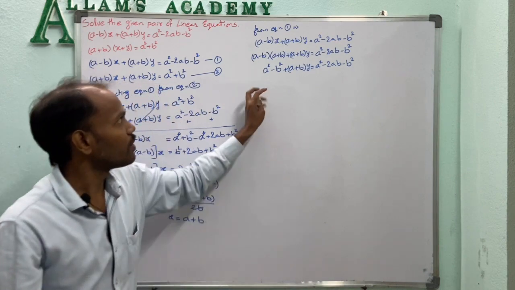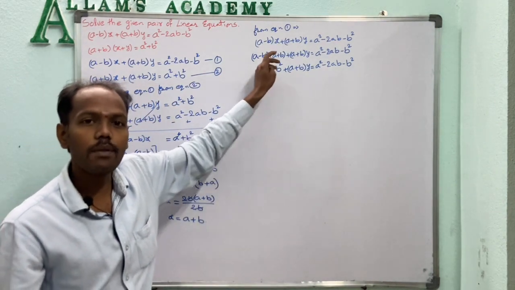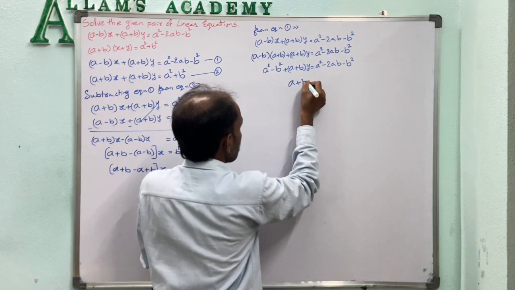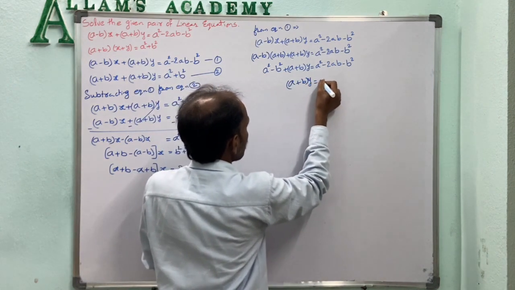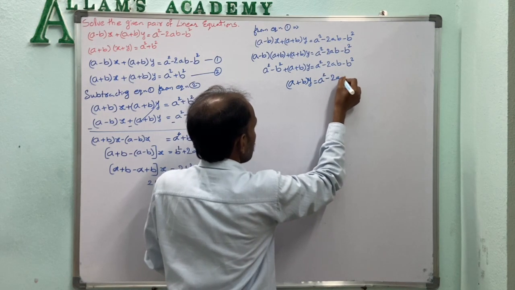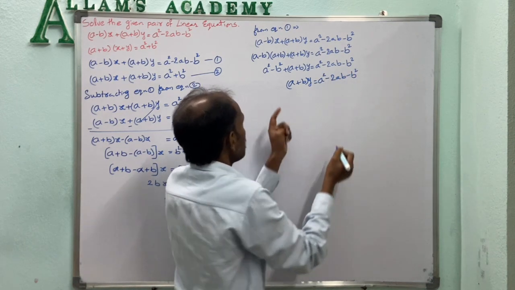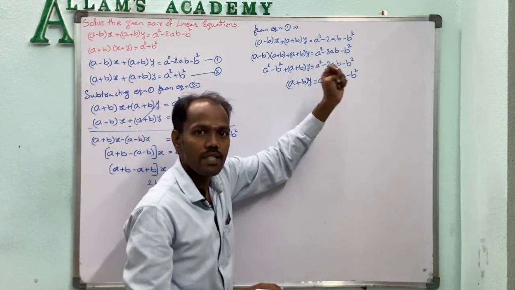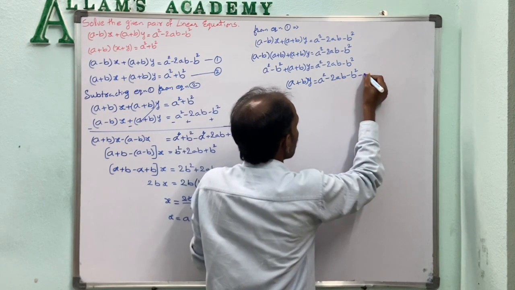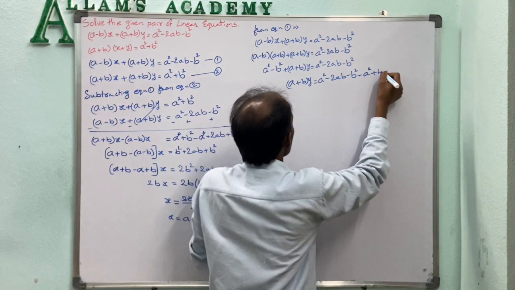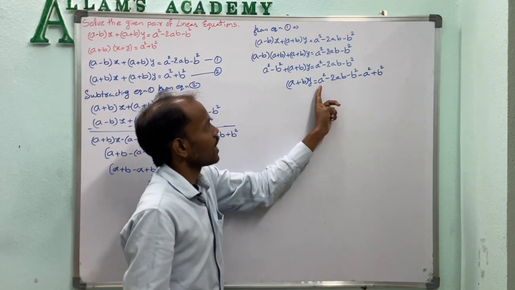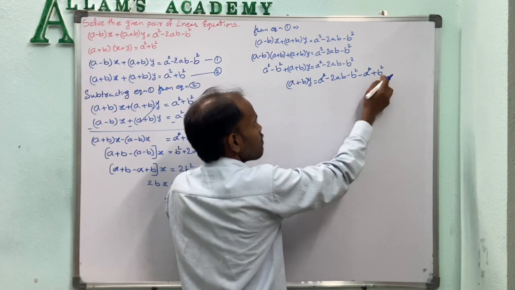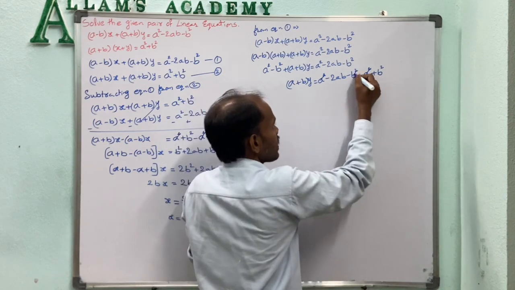Now transferring this a² − b² to that side, (a + b)y equals a² − 2ab − b² minus a² plus b². So a² minus a² gets cancelled, and minus b² plus b² gets cancelled.